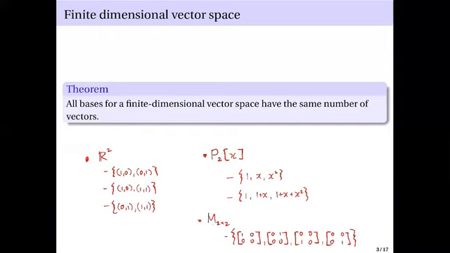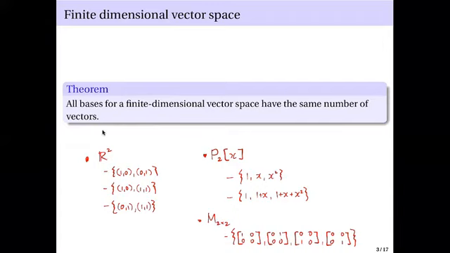And in one of the exercises that we had last meeting, we found another basis for M22. It has one in this entry and everything else 0, and then (1, 1; 0, 0), then (1, 0; 1, 0), and then (1, 0; 0, 1). Those elements again form a basis for the space M22. We've done that last meeting.